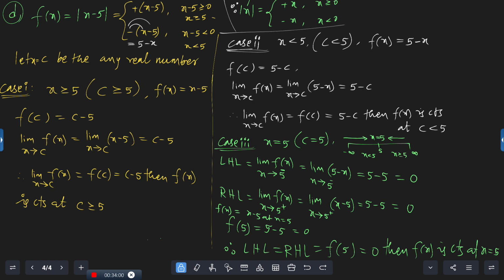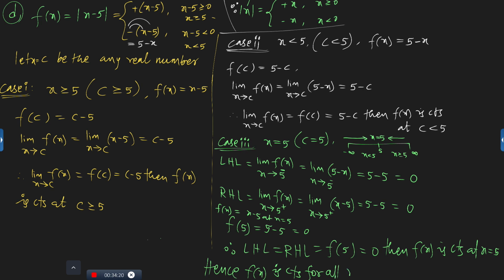Finally you have to write one sentence. Hence f of x is continuous for all real numbers. That you have to write as the final word.